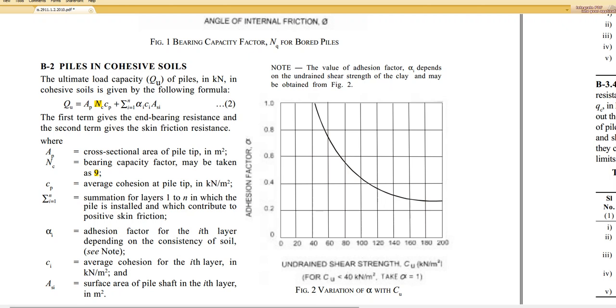Based on C you get your alpha. For this particular value 80, we get alpha equal to say 0.56 or something. Okay, so you must notice that as cohesion is decreasing, the alpha is increasing. That pattern you have to understand. As the undrained shear strength is decreasing, the adhesion is increasing. So that you have to understand. Okay, Cu is undrained shear strength of the soil.